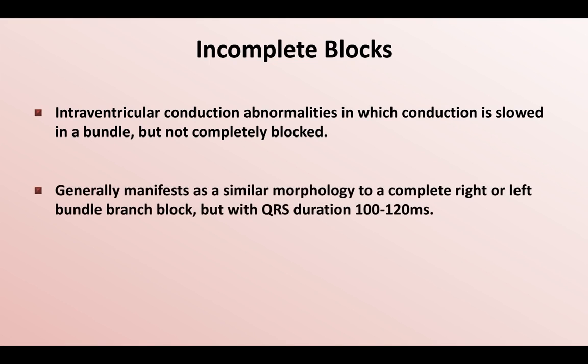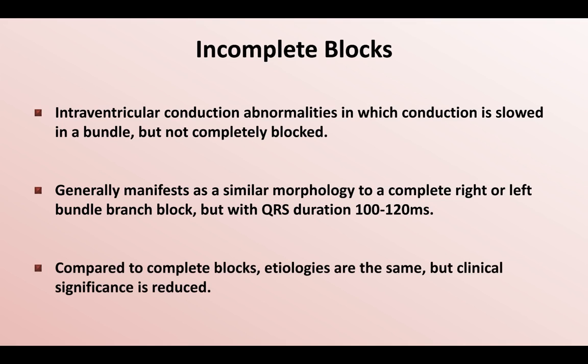It generally manifests as a similar morphology to a complete block, but with a QRS duration of less than 120 milliseconds, usually in the range of 100 to 120. Compared to complete blocks, the etiologies are generally the same, but clinical significance is reduced. Many patients with incomplete blocks will eventually progress to develop complete blocks over the course of many years.